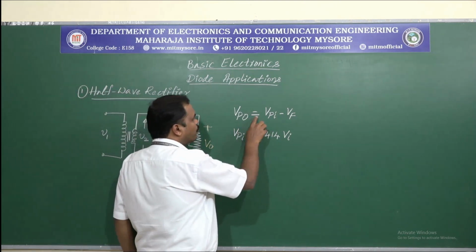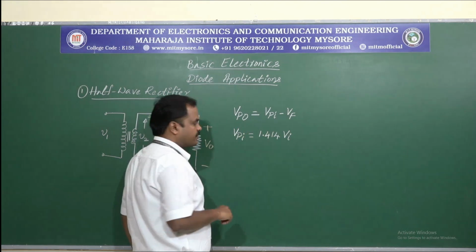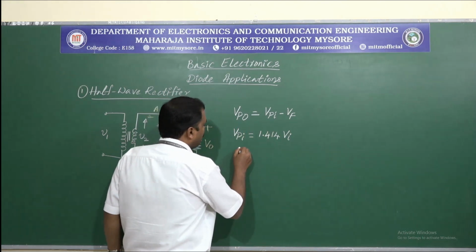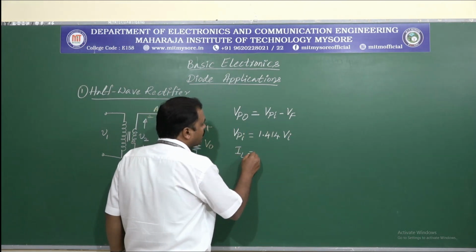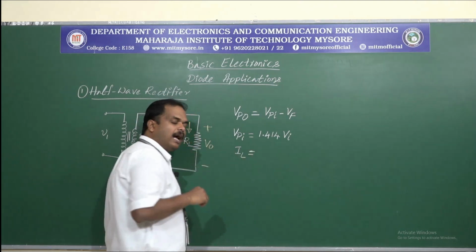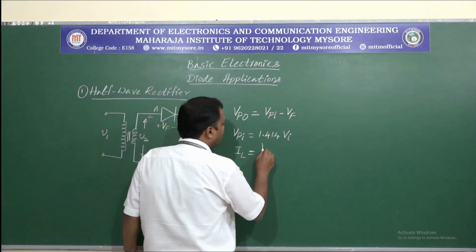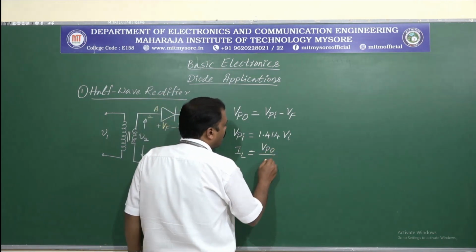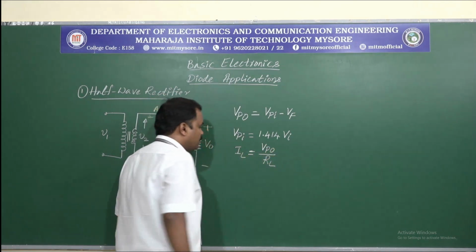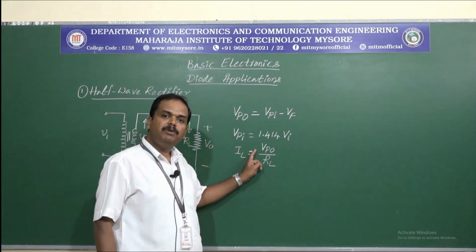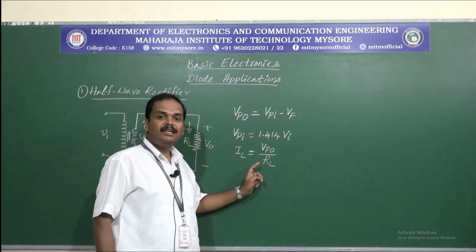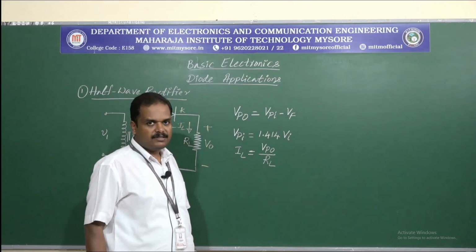So this is the output voltage for positive half cycle, and the load current IL, or the peak current, can be written as VPO over RL. So where VPO is the peak output voltage and RL is the load resistance.